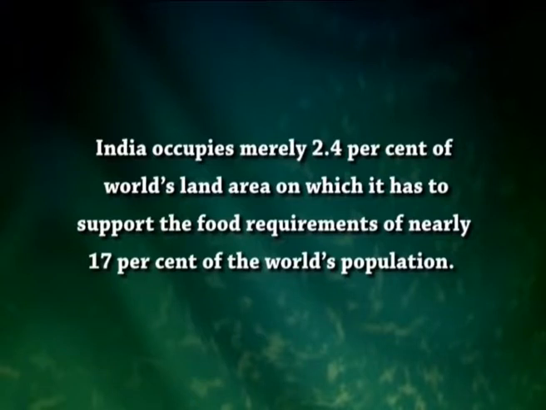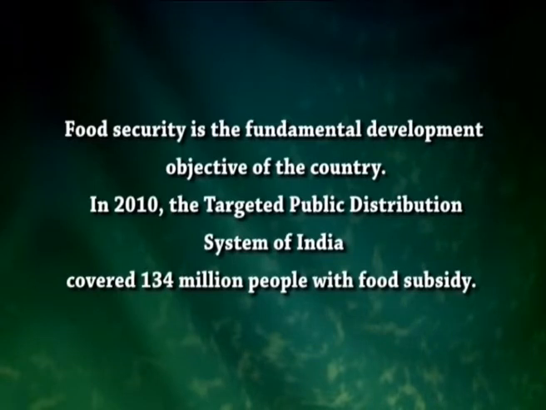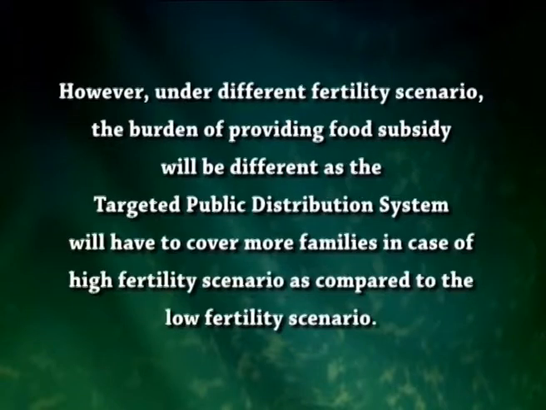India occupies merely 2.4% of the world's land area, on which it has to support the food requirements of nearly 17% of the world's population. Food security is the fundamental development objective of the country. In 2010, the targeted public distribution system of India covered 134 million people with food subsidy.